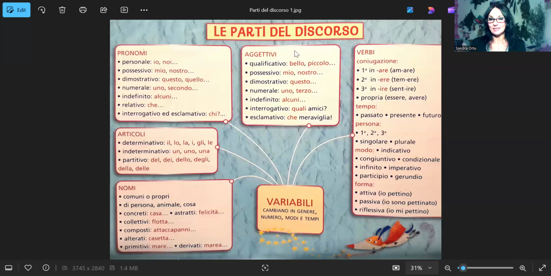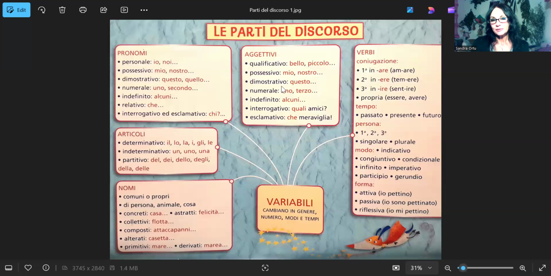Adjectives, we do have different types of adjectives. When we mention adjectives, we immediately think about those adjectives that describe a quality of a noun. In fact, they are in the first position. Those ones definitely change and agree with the noun they're describing, so they will change in gender and number.